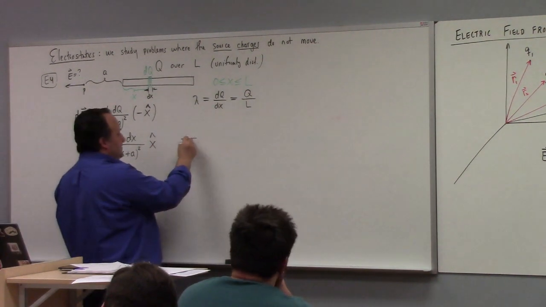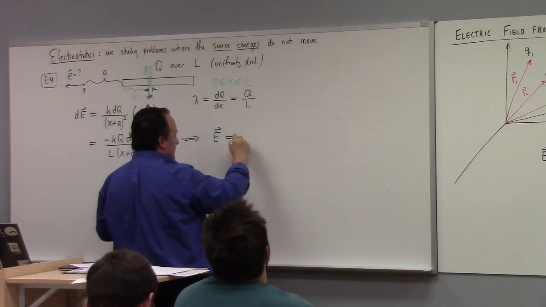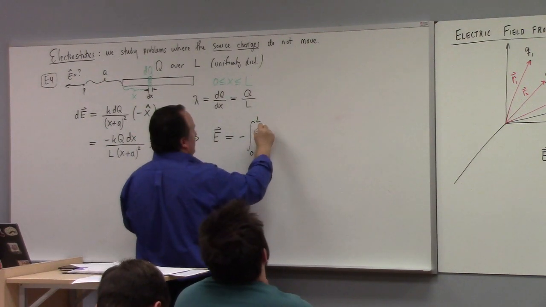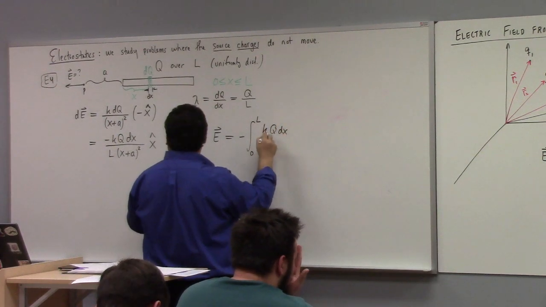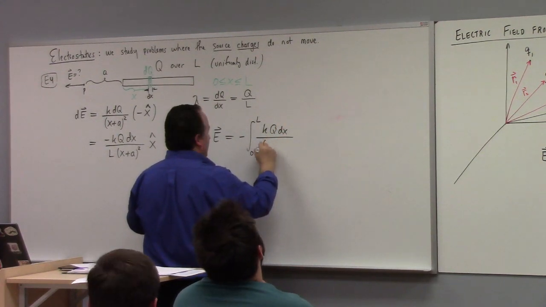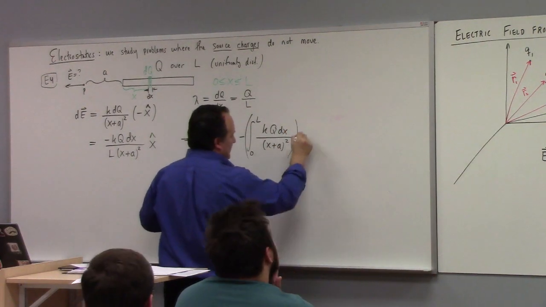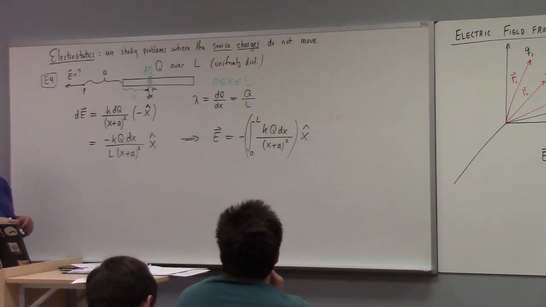So the electric field is equal to the integral, I'll pull the minus out, from 0 to L of kQ dx over (x plus a) squared. And we can pull that x hat out because it has no dependence on the dq. We just have to do that integral.